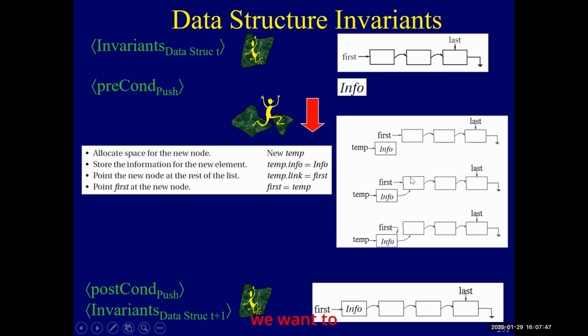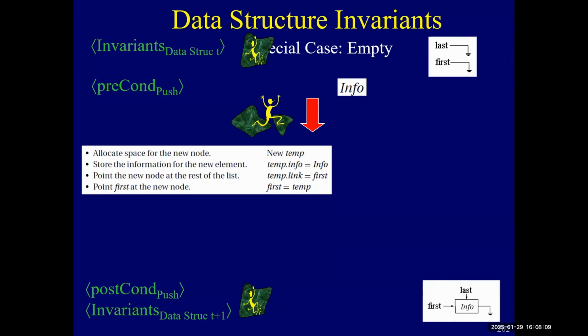We want to point it at this. And who's pointing at that? First is pointing at it. And then we have to get first to point at the new guy. Well, temp is pointing at the new guy, so you do this. All right, everybody good? It's not too bad except for that first line. Everybody good with that code?